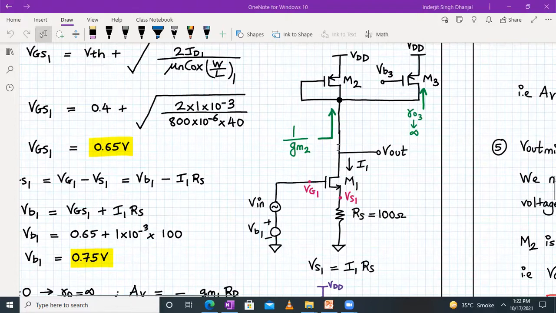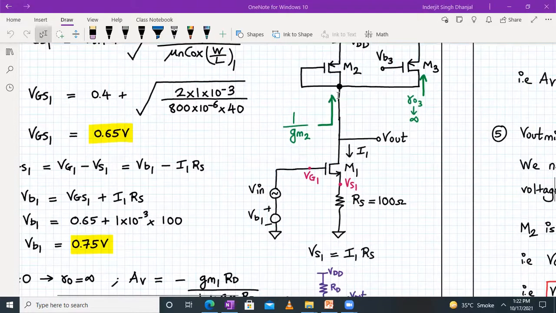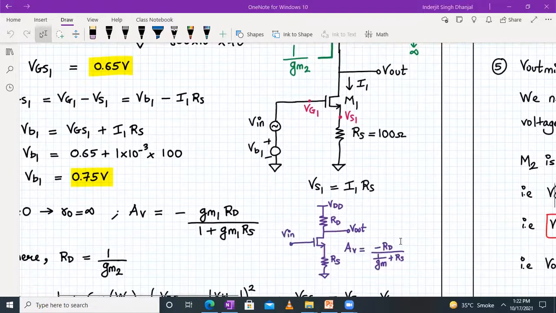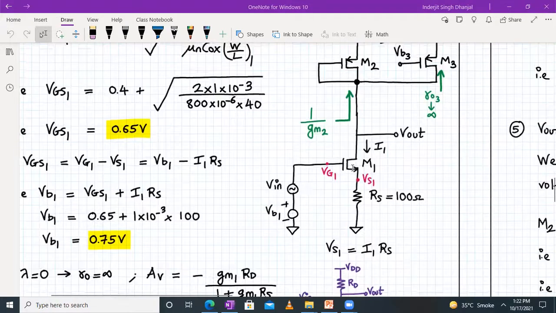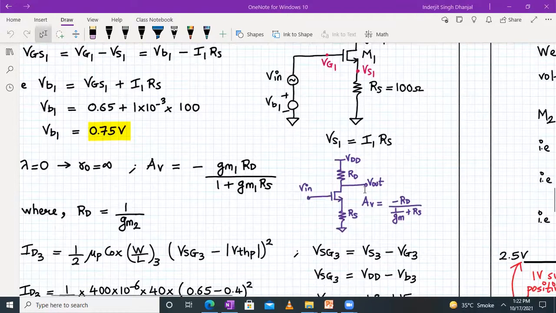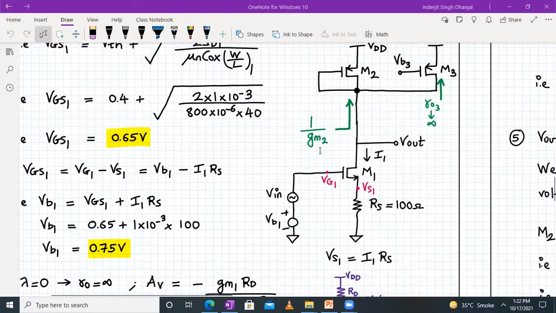So basically, if you see carefully, the impedance looking into M2 will be 1 upon gm2, right? So we can replace this M2 transistor with RD, which is 1 upon gm2 only, correct? So that's why this circuit looks like a common source amplifier with source degeneration, where this transistor will be the M1 transistor and the RD resistance will be nothing but 1 upon gm2.